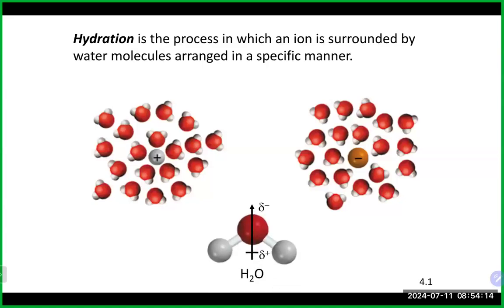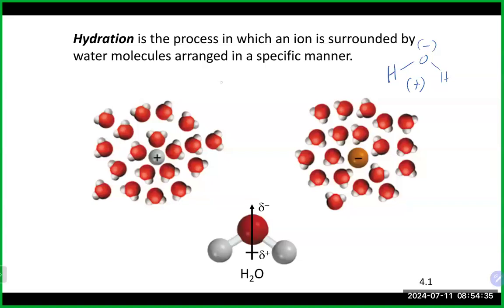When ions do go into solution, they are hydrated. What that means is, as we know, water is a polar molecule where the oxygen is more negative and the hydrogen side of water is more positive. And that works really well when you want to dissolve something in water.